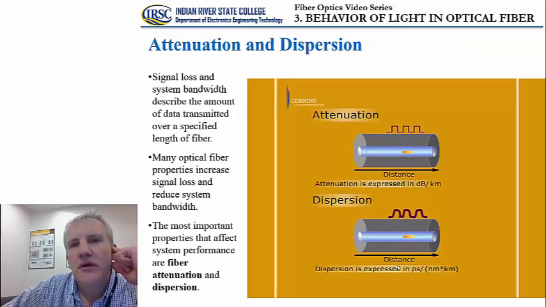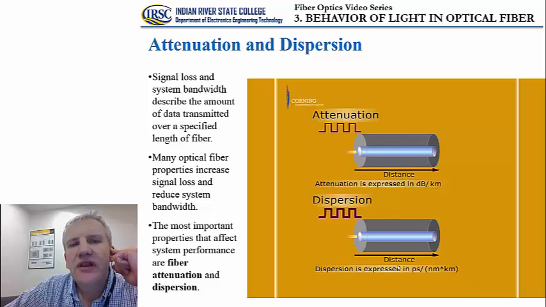profile. Now that we defined two important categories of optical fibers, namely single mode and multimode, let's talk a little bit about two important properties of light, namely attenuation and dispersion, that greatly affect the performance of a light in an optical fiber.